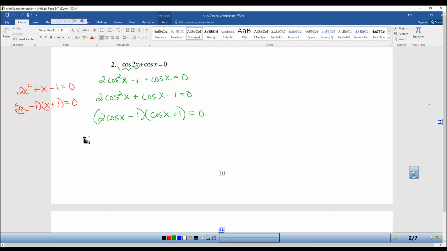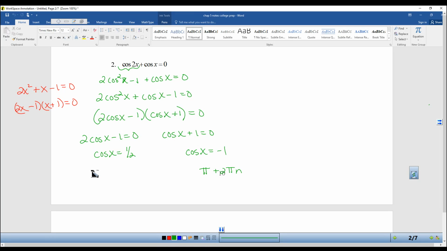So I have 2 things being multiplied to make 0. One of the 2 things must actually be equal to 0. If it's this factor, that would happen if cosine of x is equal to -1, and that happens at pi plus 2 pi n. This one solves out to be add 1, divide by 2.